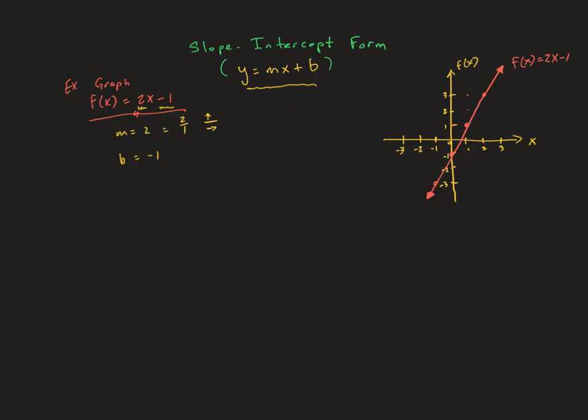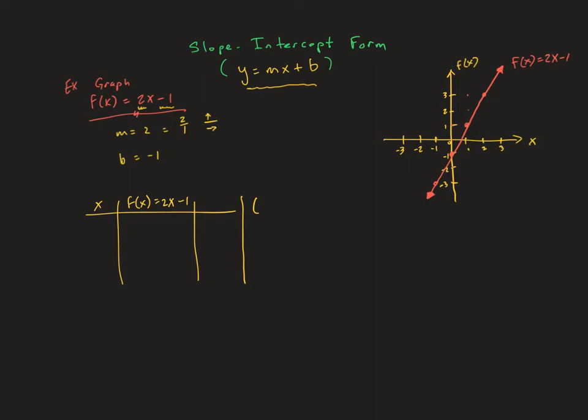I could also have created a table. A little bit more time consuming, right? So I have my function, 2x minus 1. I have the x values, and then I'm going to get out of that, sorry, it's not y, right?